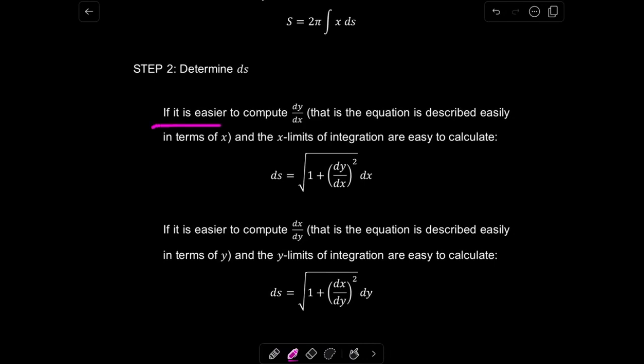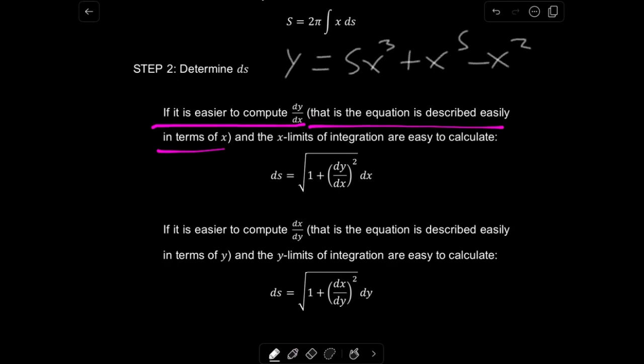If it is easier to compute dy/dx, that means that the equation is easily described in terms of x. Let me give you an example. You have y is equal to 5x cubed plus x to the power 5 minus x squared, and so on. This equation is conveniently described in terms of x. You wouldn't want to say now x is equal to something in terms of y.